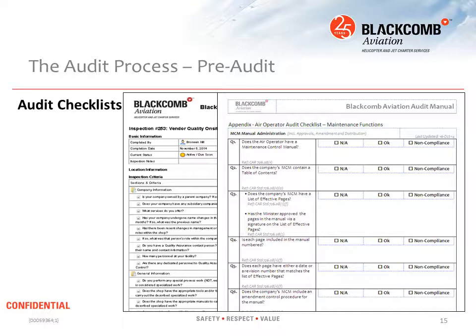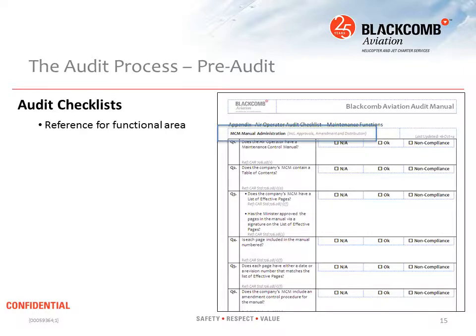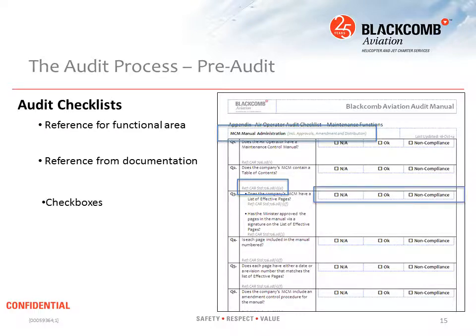When the audit team is writing audit checklists, the checklists are to include a reference to the functional area being evaluated, a reference to the policy or procedure that is being evaluated, check boxes for the auditor to identify the result of the evaluation, such as NA, OK, or non-compliance, a space to record details of the evaluation and why a particular checkbox was chosen.